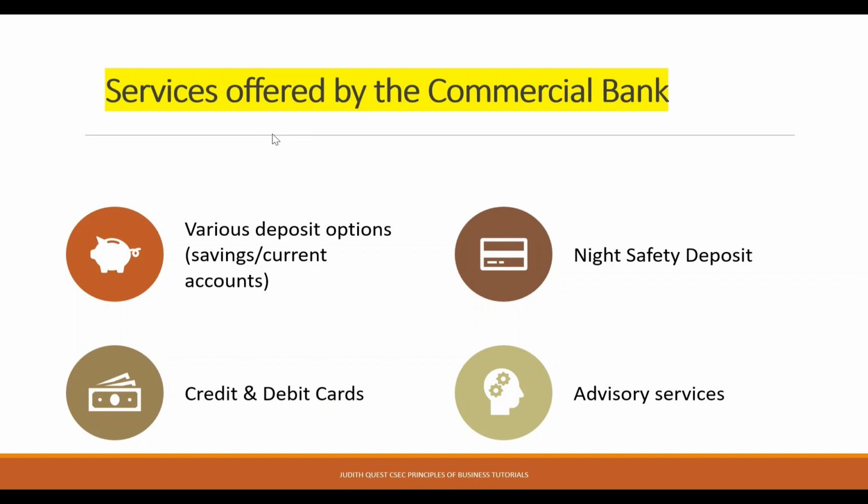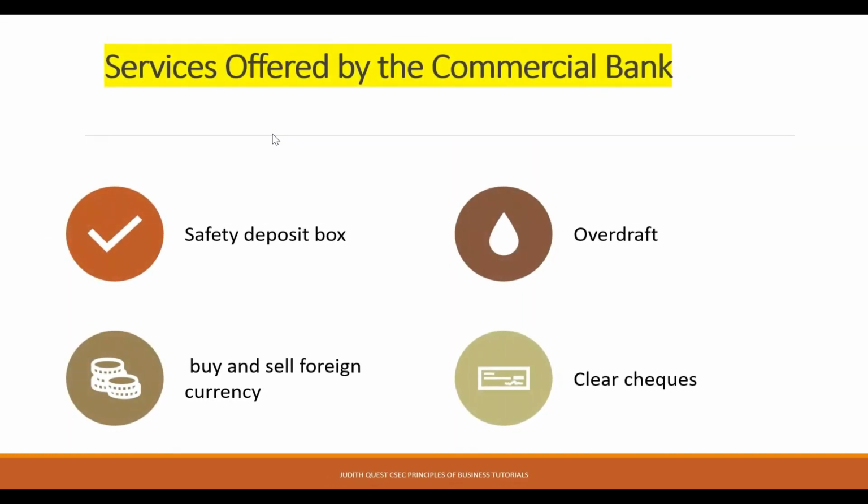They also offer advisory services, so they can advise you on financial matters. They also offer overdraft. Overdraft is actually allowing you to withdraw more money than you have in your account. This is not for everyone. This has to be specified between you and the bank, requested and granted.